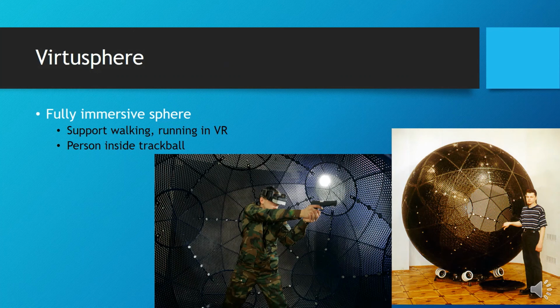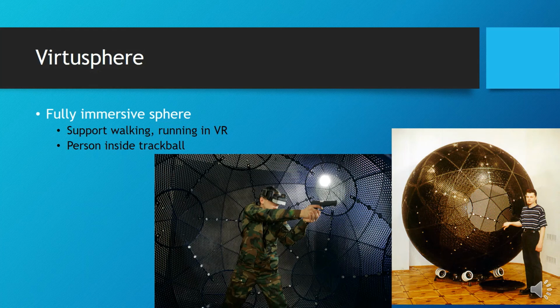Beside pedestrian devices that can support walking and running for VR, we also have the Virtusphere. Virtusphere is a fully immersive sphere that can support walking and running in virtual reality environments, and it involves a user inside a trackball. If you look at this figure, this person is in the trackball.